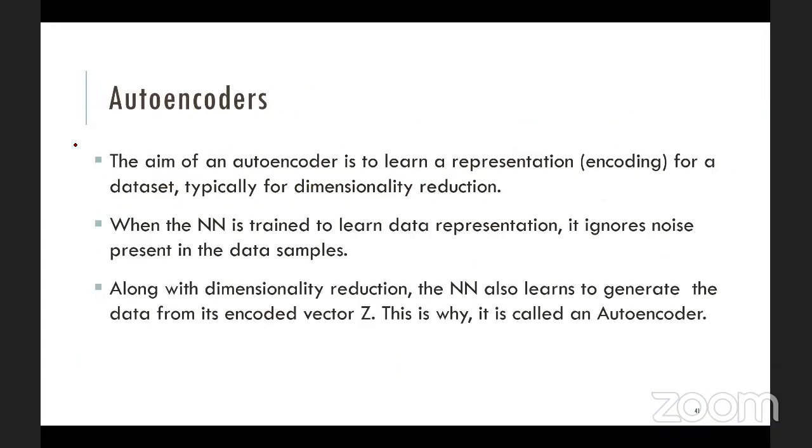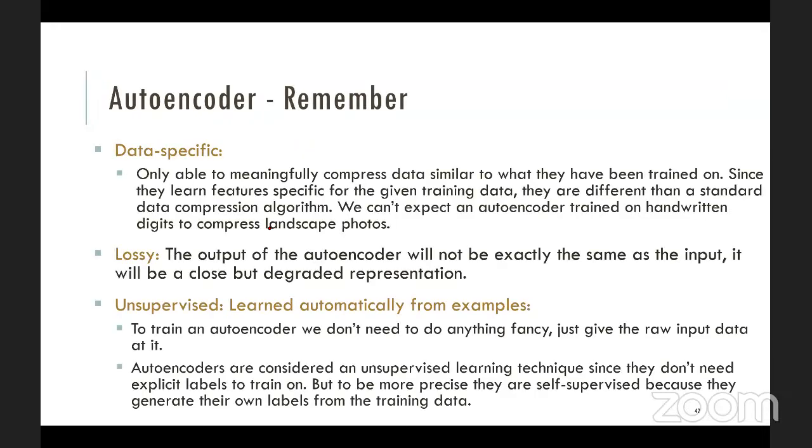Remember what an autoencoder does: it learns the representation, or encoding, so that dimensionality reduction can be done. Once trained to learn the data representation, they ignore the noise present in the data. Along with dimensionality reduction, the neural network also learns how to encode, which is why we call it an autoencoder.